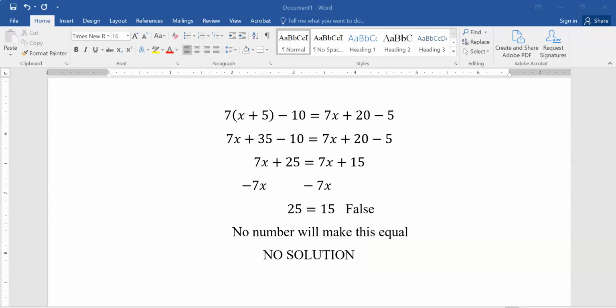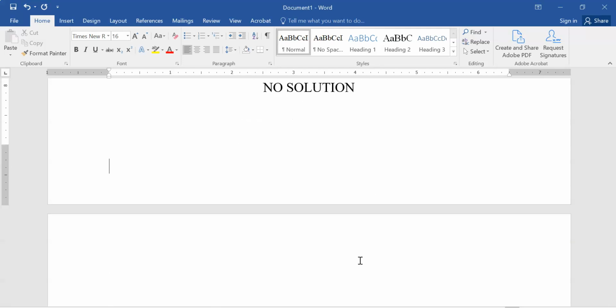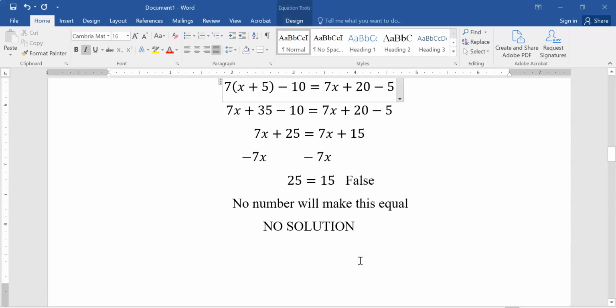By the way, you'll see a lot of times there's a fancy symbol for no solution as sort of a shorthand. Okay, it looks like a 0 with a slash through it. When you do it on this system, it looks like this. So it looks like a 0 with a slash through it. That's the shorthand symbol for no solution.